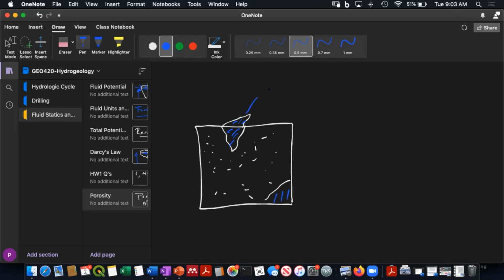So if we're in limestone, these can be dissolution features. And in volcanic rock, they could be gas bubbles, right? And these are called vugs.